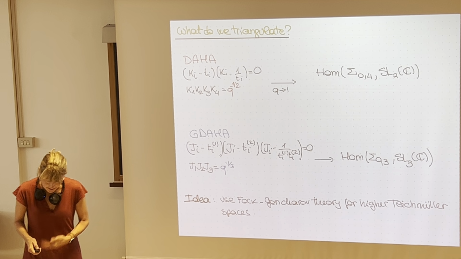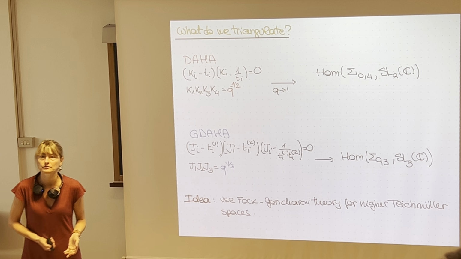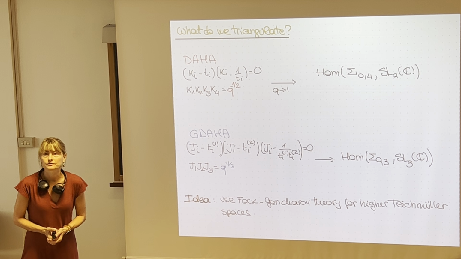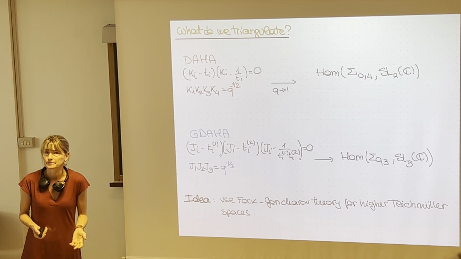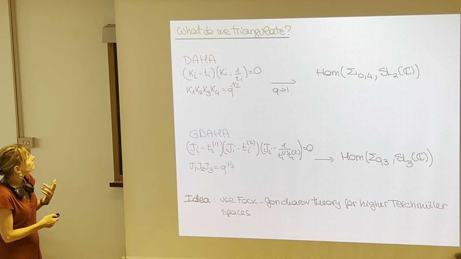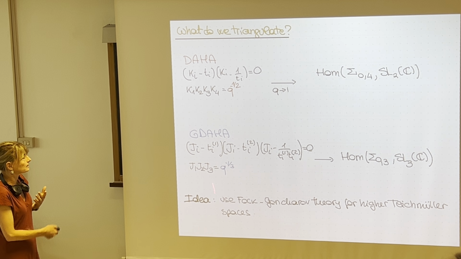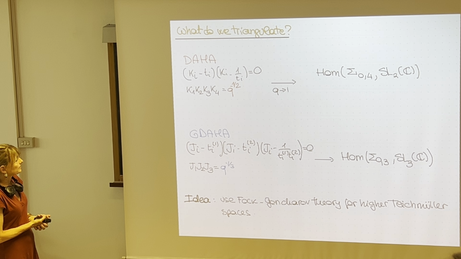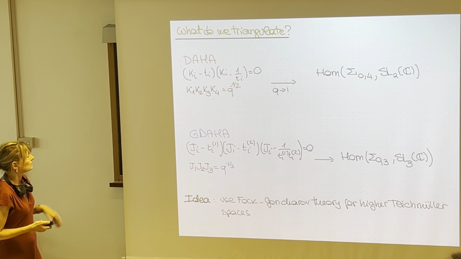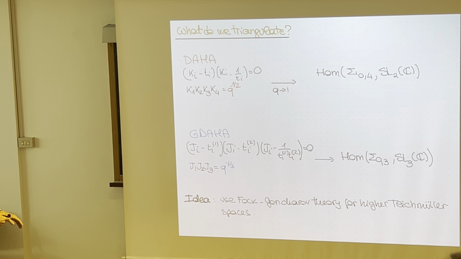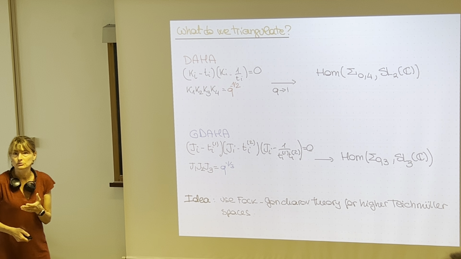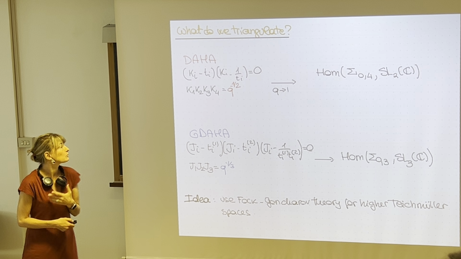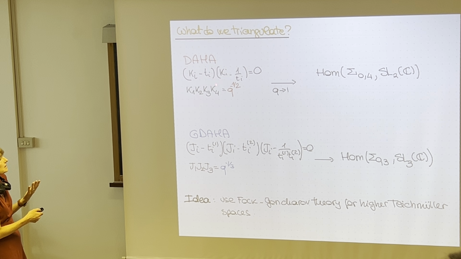You may say, why on earth do you have to triangulate something? Well, first of all, because triangulating is fun. But secondly, because if you look at these equations with some fantasy, you see that there is a Riemann surface staring at you very, very clearly. Why? Because what do we have here?